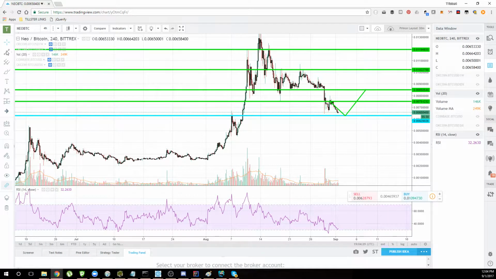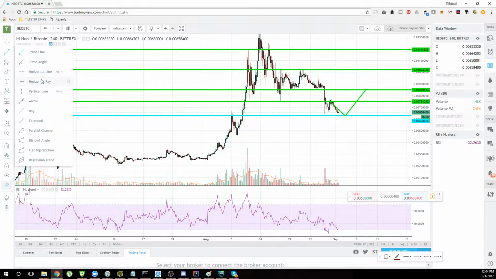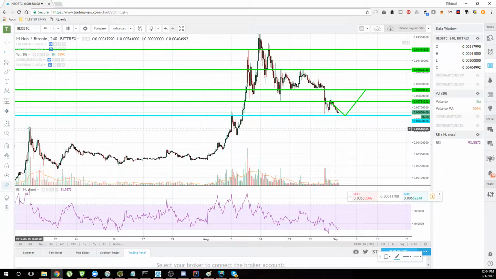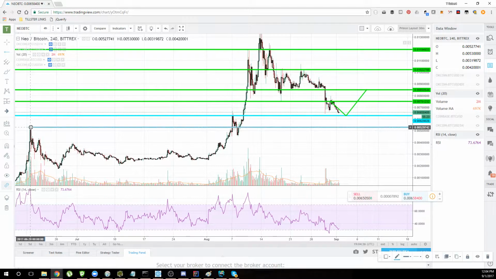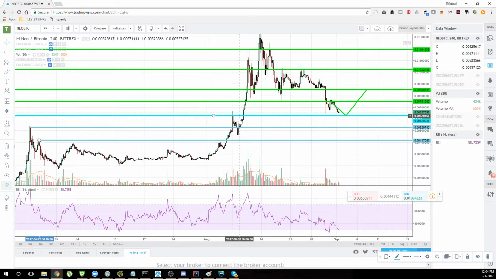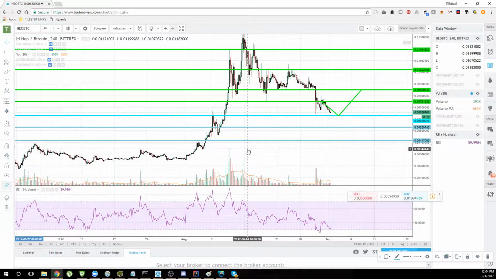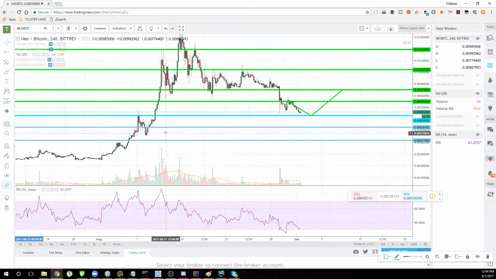Let's go find out. We'll come in, we'll bring our horizontal ray in. Was this a previously correlated level? That was pretty close. It definitely did a little dip below it. You might even see that this is more interesting here. Somewhere in here, we can definitely have some predictions. They're not terribly well correlated, but this isn't really the point.